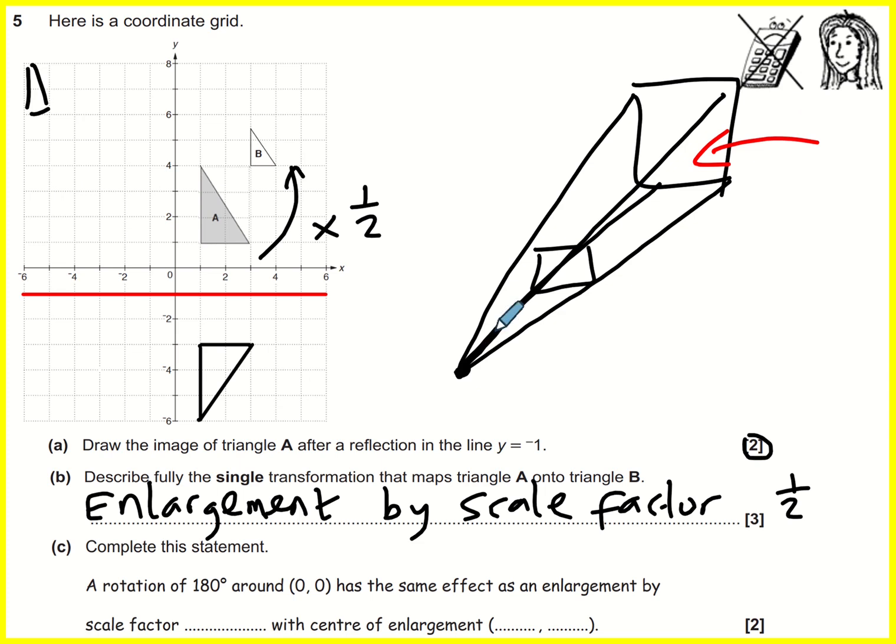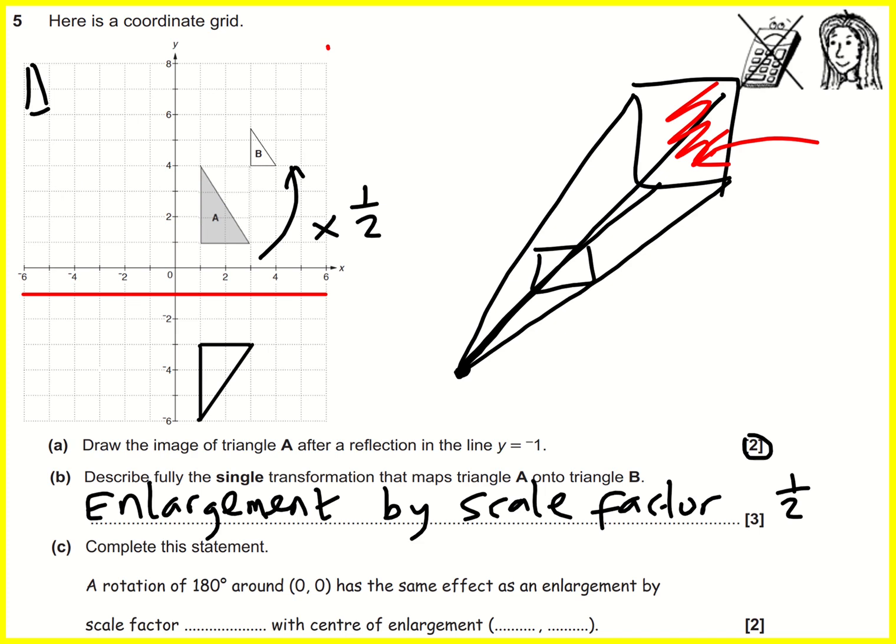However, if I started out with this shape and the scale factor was 1/2, then I'd end up with this shape here, because I'd go half the distance. And what I'm trying to say is that the centre of enlargement is between the smaller shape and the bigger shape. So it's going to be up here somewhere.